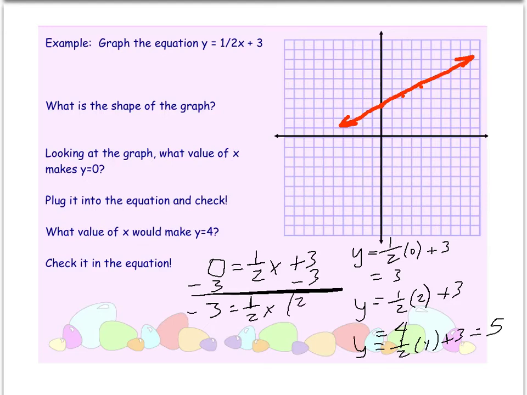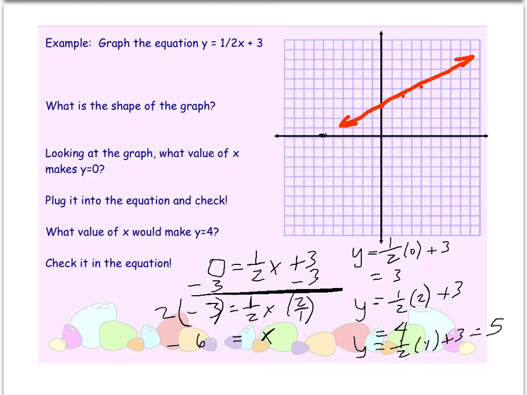Multiplying everything by 2, I get x equals -6. So that means -6, 0 should be a point on that line, that point there. And you can see that that is clearly on the line. Okay?